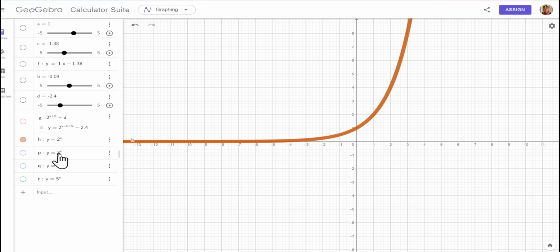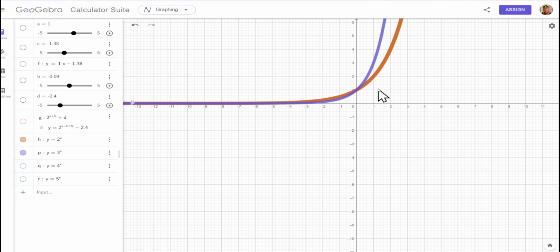Now I'm going to put in y equals 3 to the x. When x is greater than 0, it shoots up faster than this one. But notice what happens when it's below that x equals 0 point. It goes below and approaches the x-axis quicker.